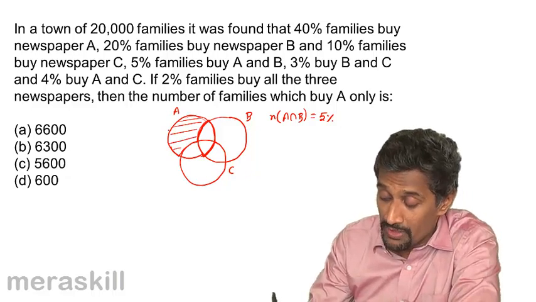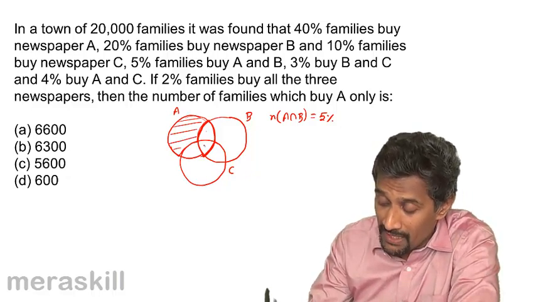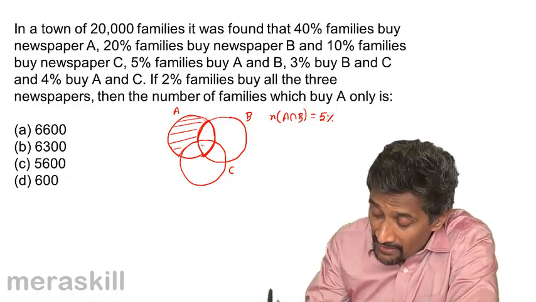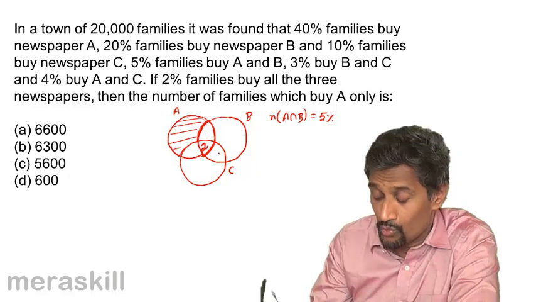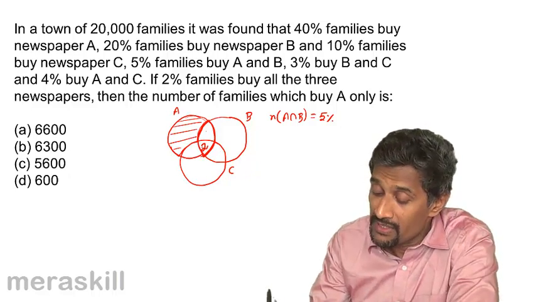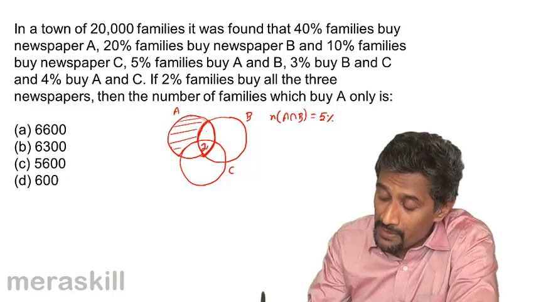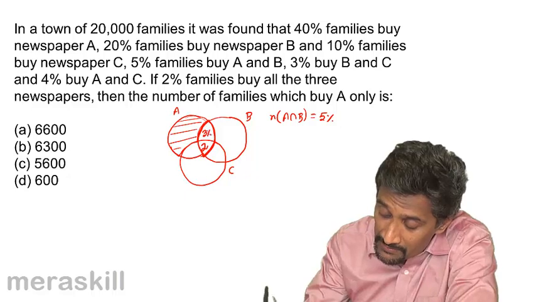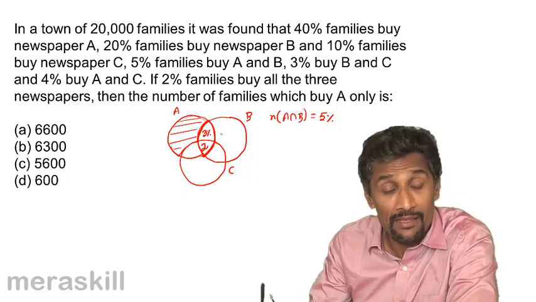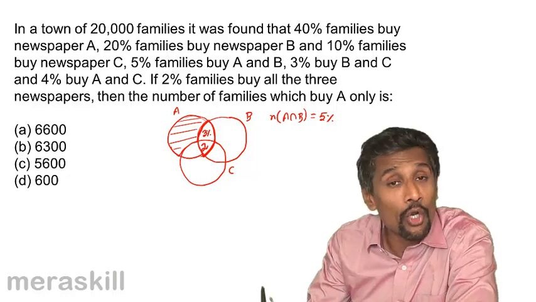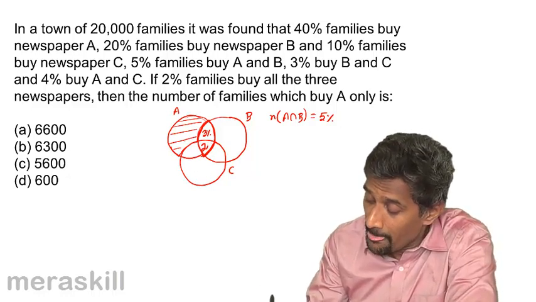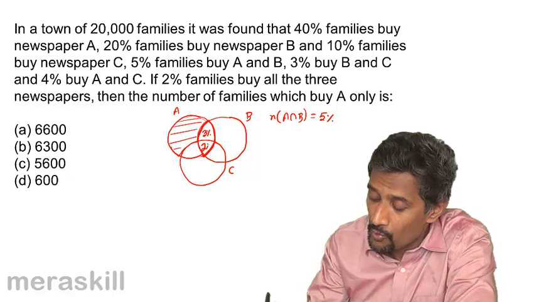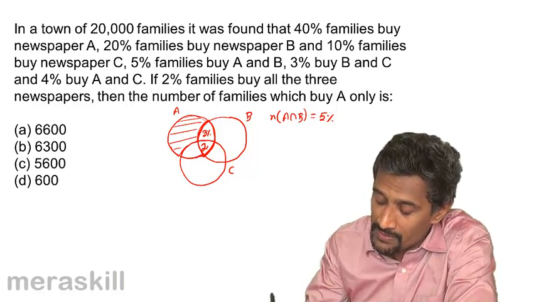So that is going to be the whole A minus this, minus this, minus this. Now this whole thing is 5 and this alone is 2. That is, 2% families buy all the three and 5% families buy A and B, so exactly 3% will buy A and B but not C. Similarly, the ones who buy A and C is 4%.